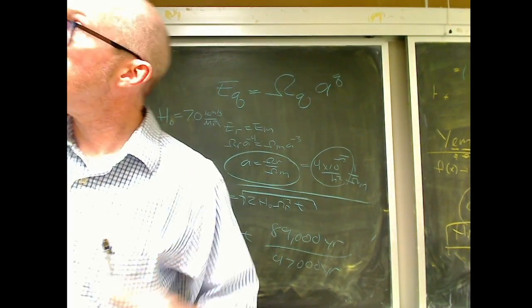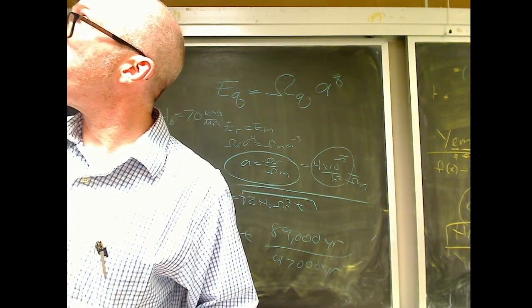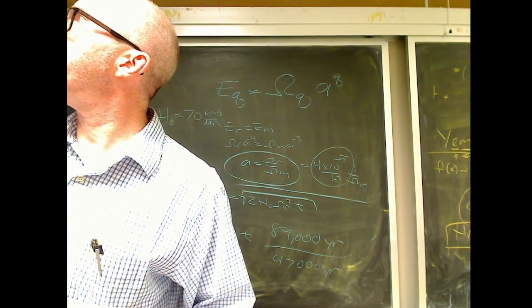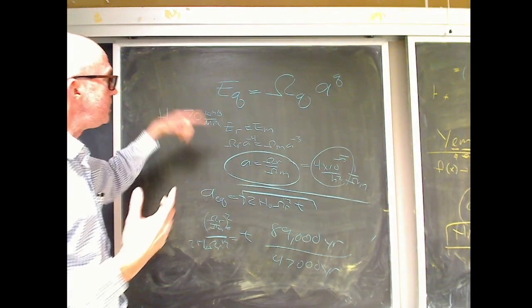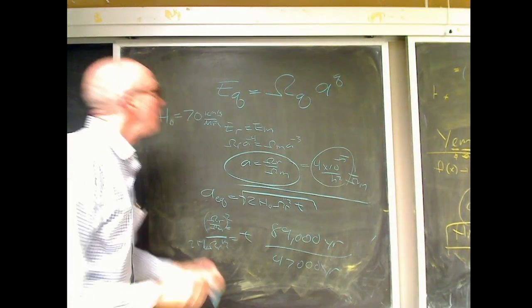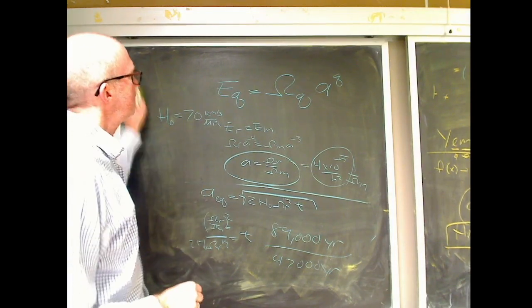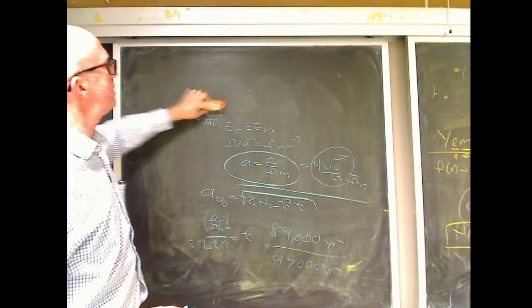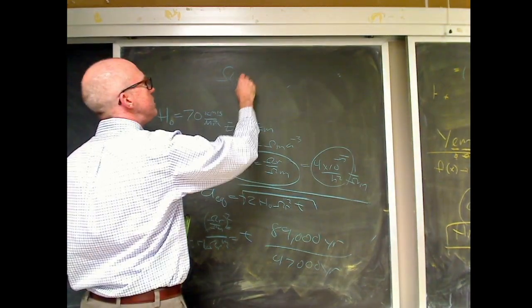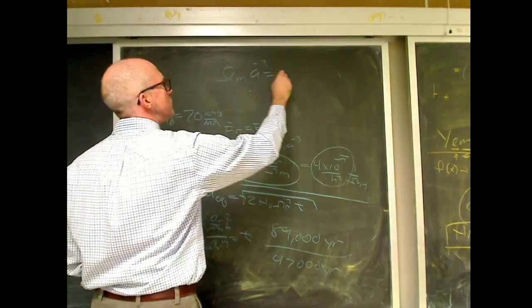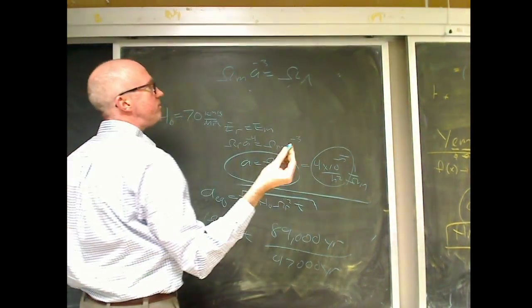But that's a good question. Okay, at what redshift do dark matter and dark energy equal each other? We do the same stunt we did here, except we say that omega matter a to the minus 3 equals omega lambda all by itself.